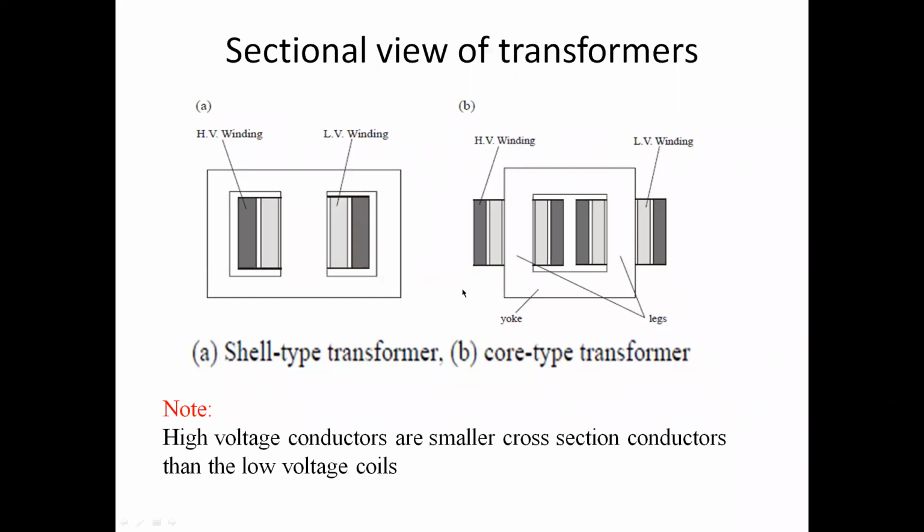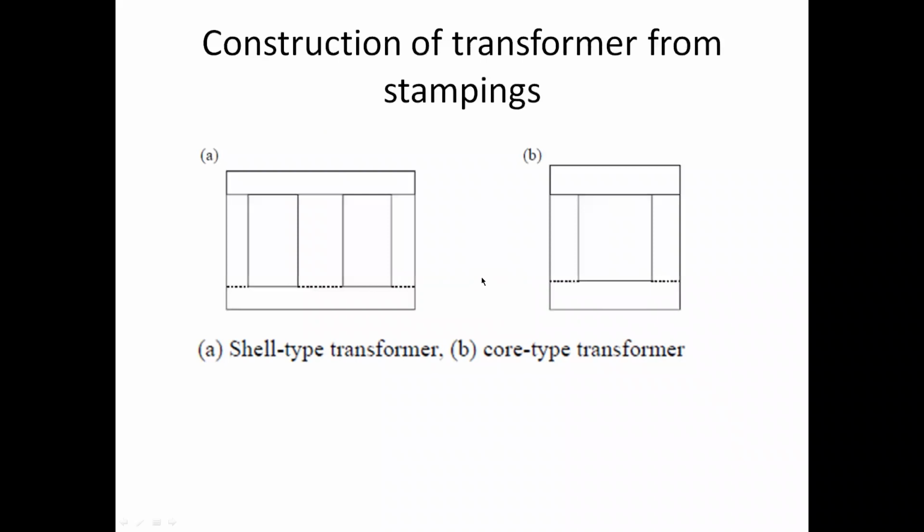Now the question comes: why do we put the HV after the LV, or over the LV? Why do we put the LV winding first? Any reason, please?